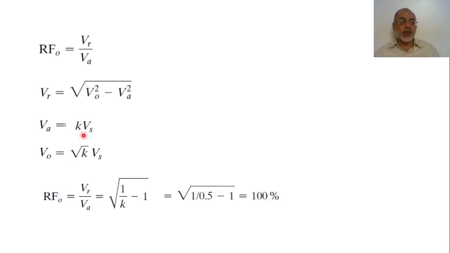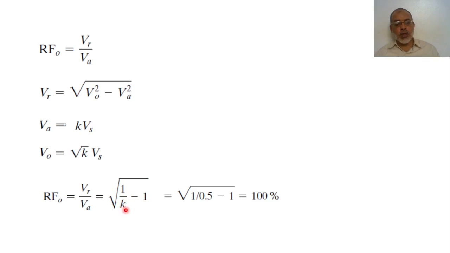By arranging these pieces together, we can prove that the ripple factor at the output, V ripple over V average, is the square root of 1 over K minus 1.